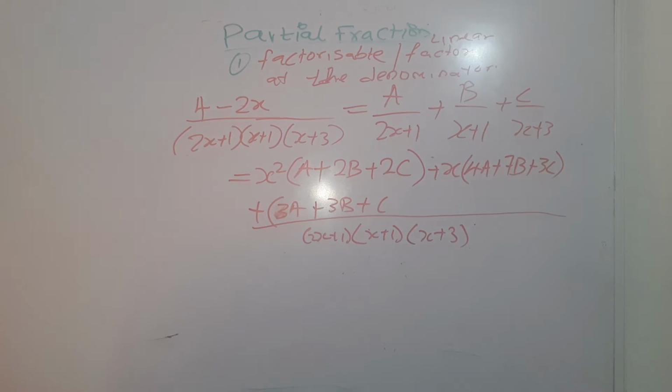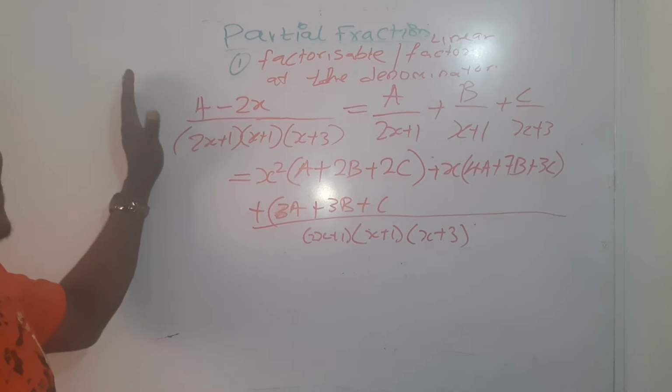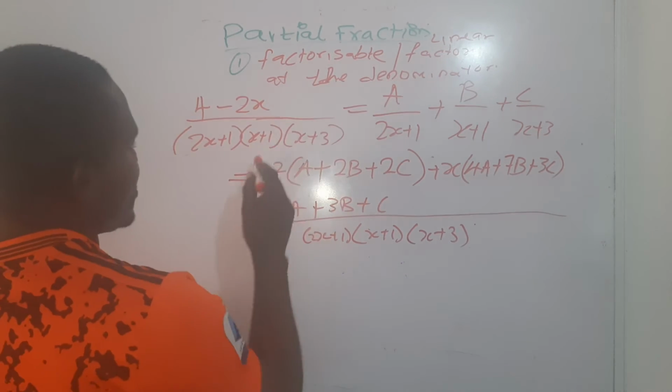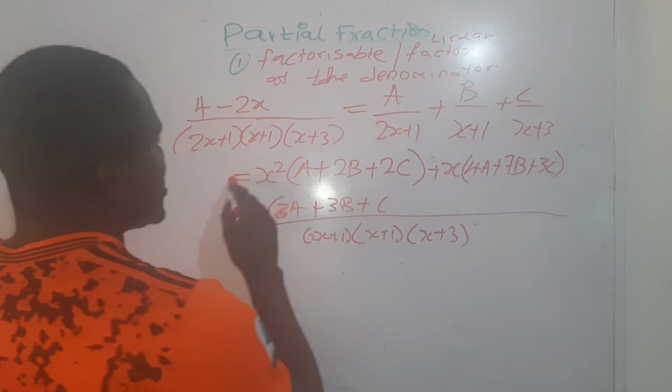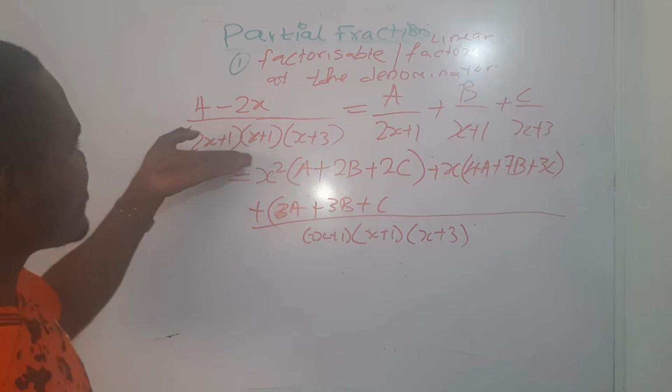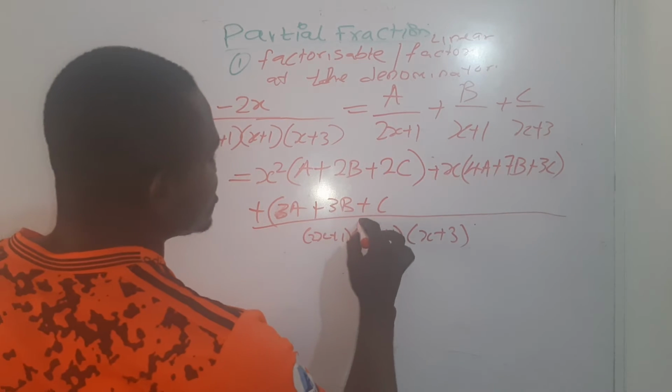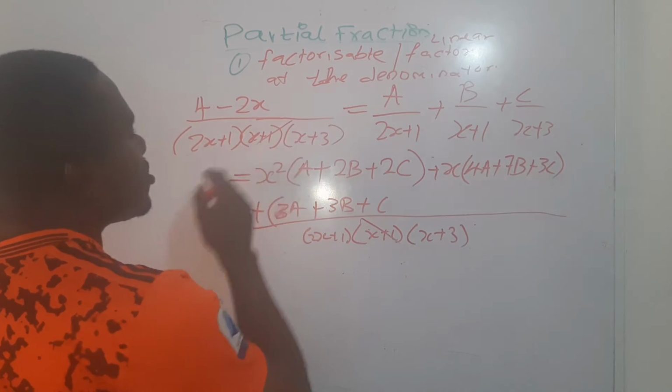So now if you compare the left hand side and the right hand side, everything here, you see that they have the same denominator. So the denominator on the right will cancel the denominator on the left.